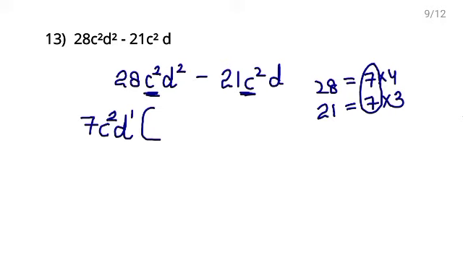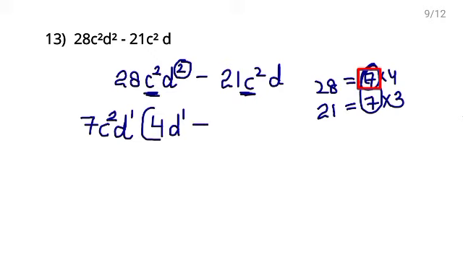Now in the bracket, from 28, if you have taken 7 outside as a factor, you are left with 4, so you will put 4 here. 7 4s are 28. C square you already have taken outside. D raised to the power 1 you have taken outside, but there was power 2, so 1 power is still left.